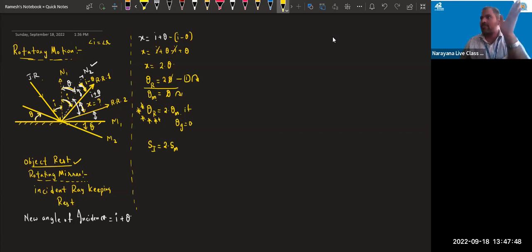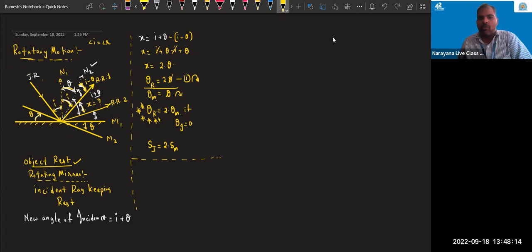Yesterday, mirror rotated x meter means image will displace 2x meter. Here also same, na? Mirror rotated theta, image rotated 2 theta. Reflected ray, where it is pointing, that is image only, na? Correct or not? So both are analogous concepts and easy to remember also. Okay, understood? Now let us see one more case, the reverse case.